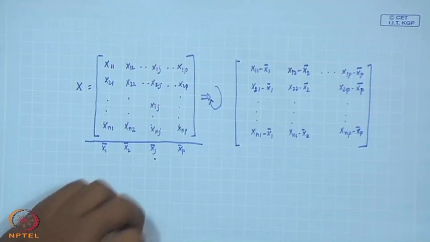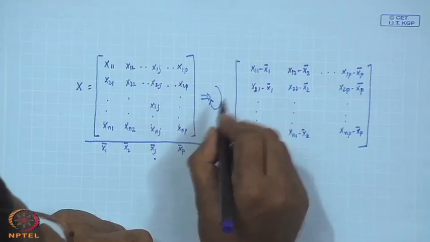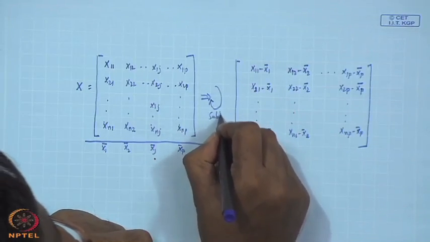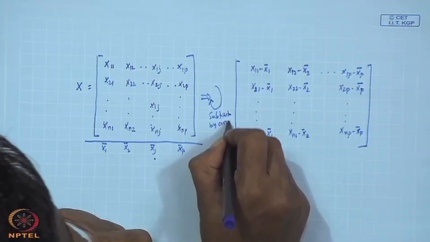So, basically it is a subtraction by the corresponding mean.